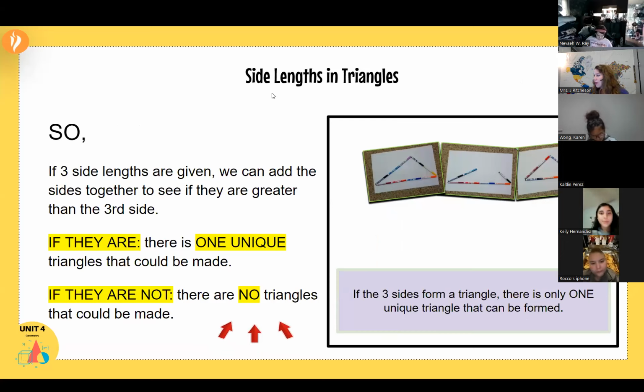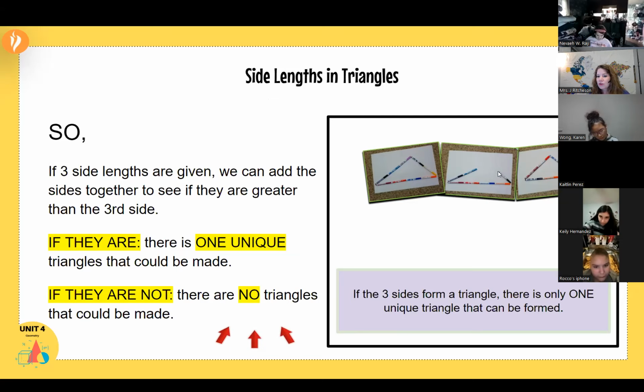All right, so what will that look like if you have numbers that won't form a triangle? Well, look at the second picture right here. You can see these are triangles made by little markers. I know they're hard to see, but there's 4 markers right here that make the bottom of this triangle. There's 2 markers over here and 1 over here. So if I add together 1 plus 2, I get 3. Is 3 greater than 4?